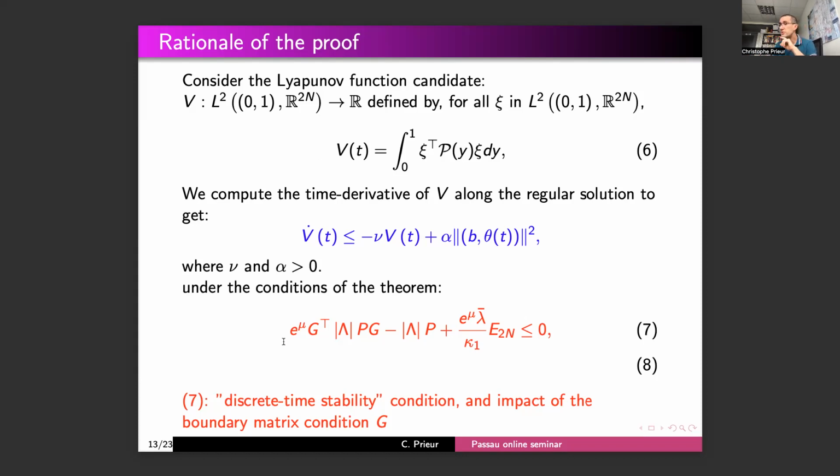Let me comment now on the sufficient conditions. The first sufficient condition is given by the first equation. You remember that there is a matrix J, the boundary condition matrix.